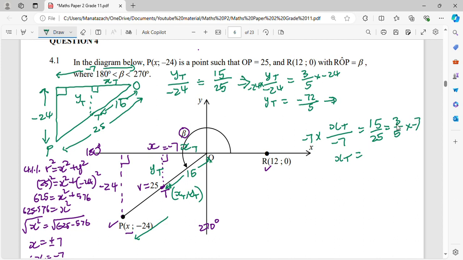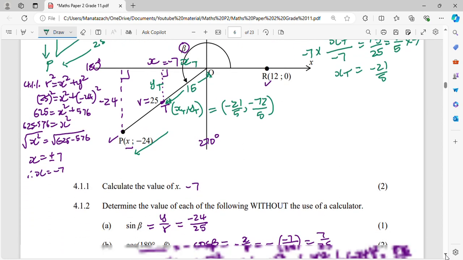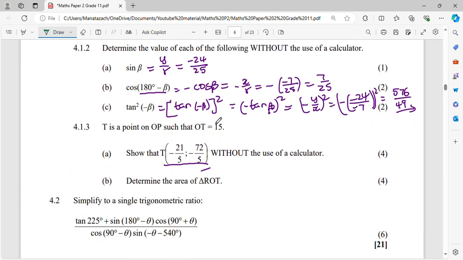Then xT is 3 times minus 7, which is minus 21 over 5. So basically our point T is minus 21 over 5, that's the x coordinate, and then the y coordinate is minus 72 over 5. Now let's check if you got everything accordingly. I think we did. Yes, we did.